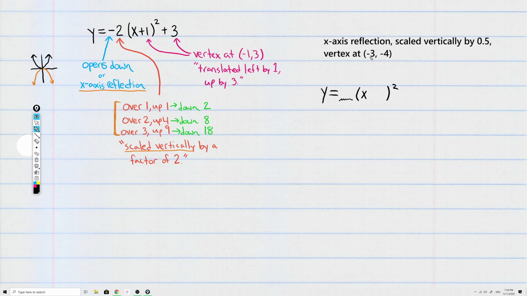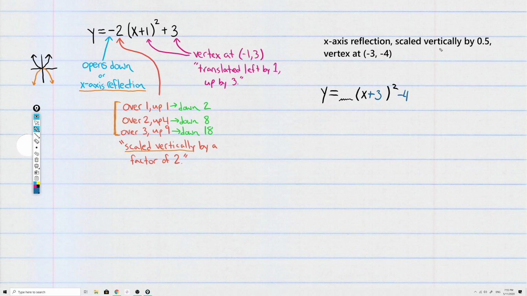So the easiest part of this fill-in-the-blank process to deal with first is to deal with the vertex. Since the x value is at -3, we do +3, that's x minus -3, or you can just remember that you always change the sign for the x value, however you prefer. There's a -4 at the end, so that goes there.